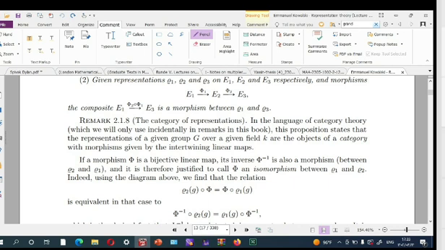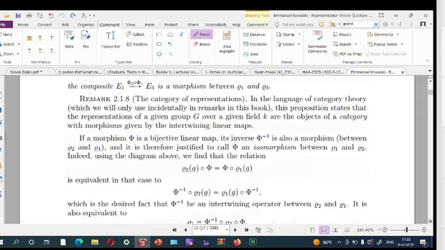Indeed, using the diagram above, we find that the relations rho 2 of g o phi equal to phi o rho 1 of g, or equivalently we have this.